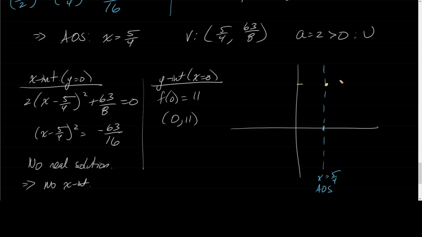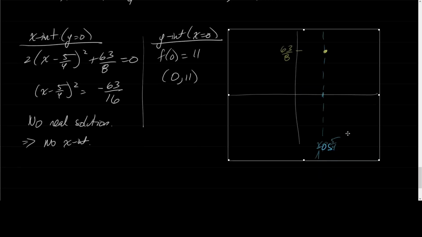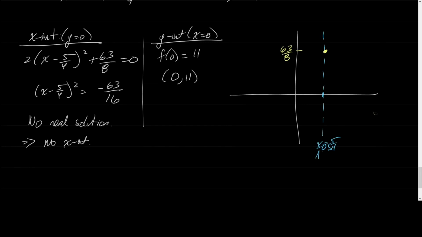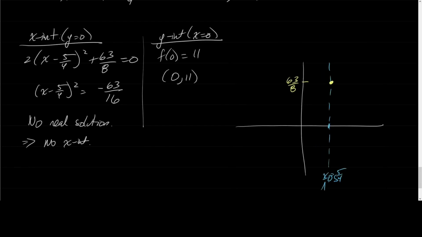That's our point at 63/8. And then we've got a parabola facing upwards. You know what? Let's shift this down a little bit, just so that I can make space. There we go. So that I can draw this better.